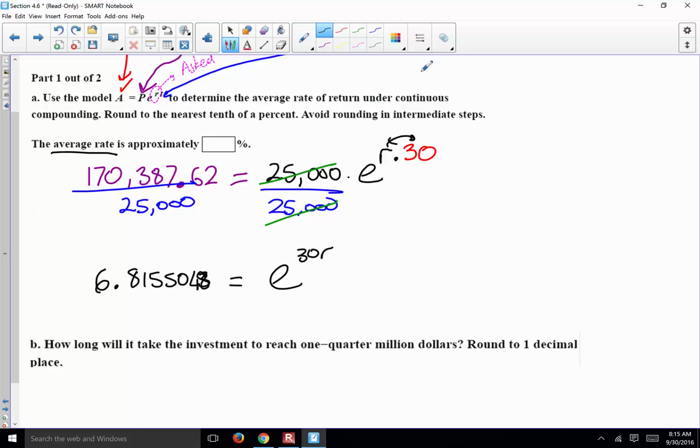Alright, next I need to get this 30R alone, so I need to get rid of this exponential. We will put ln on both sides to cancel e, right? Alright, somebody compute this.